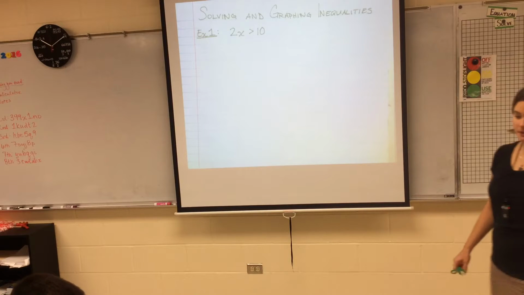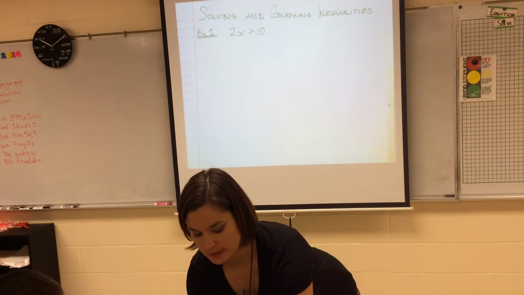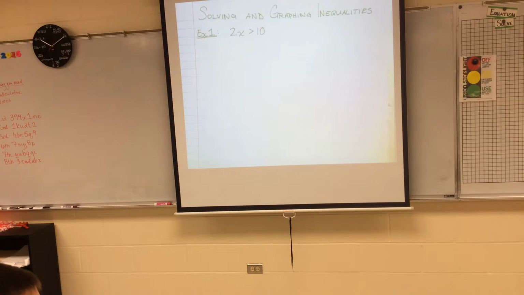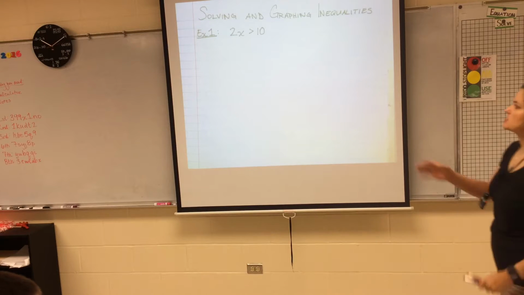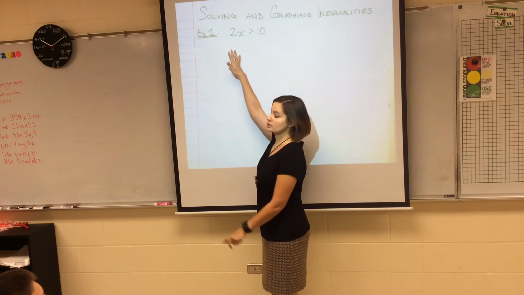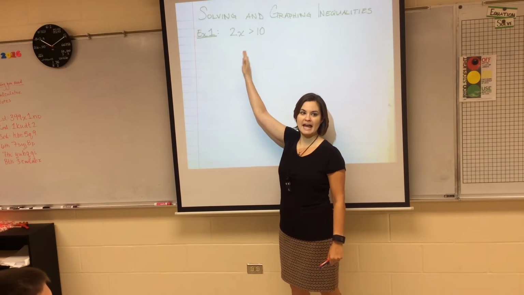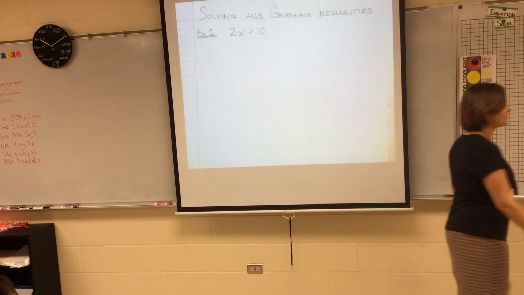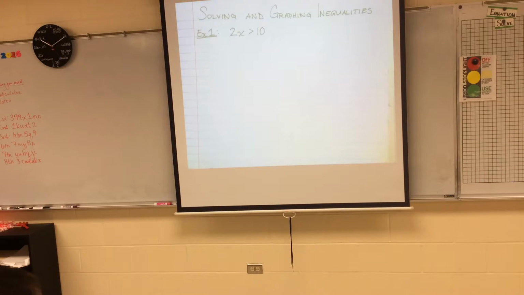So this is a little different from the examples we were just doing. All right. So we're going to do a couple of one-step inequalities. We're going to start with one step. So here, if I've got 2x is greater than 10, I want to solve for x. What's the inverse operation? Divide. So I'm going to divide both sides by 2. 10 over 2.